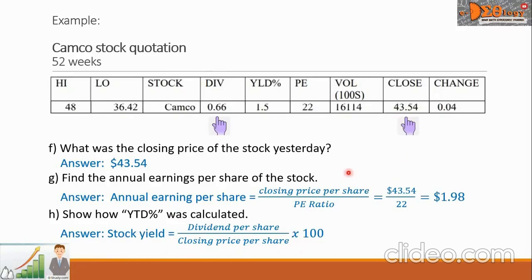So we will get the values 0.66 over this 43.54 and multiplied by 100. Using our calculator, we can get the value, and that is 1.5. And this is how we get this value here. These are our final answers.